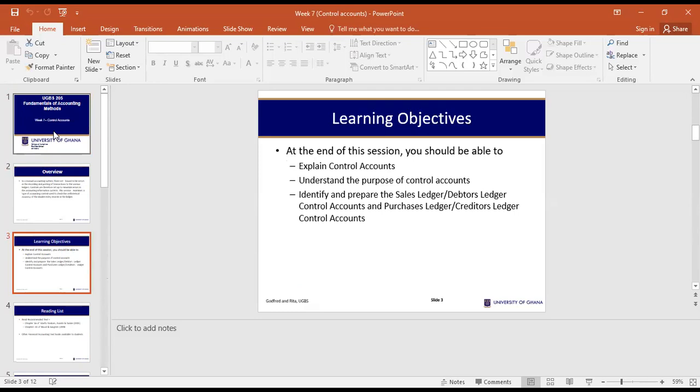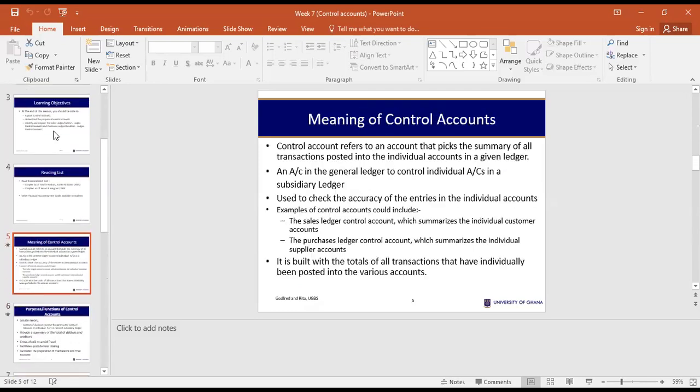I'm sure you are familiar with this, but I just want to remind you of a few things. We'll rush through the theory part, and then I'll go straight to the calculation so that we look at how to go about it. The control account refers to an account that takes the summary of all transactions posted into an individual account in a given ledger.